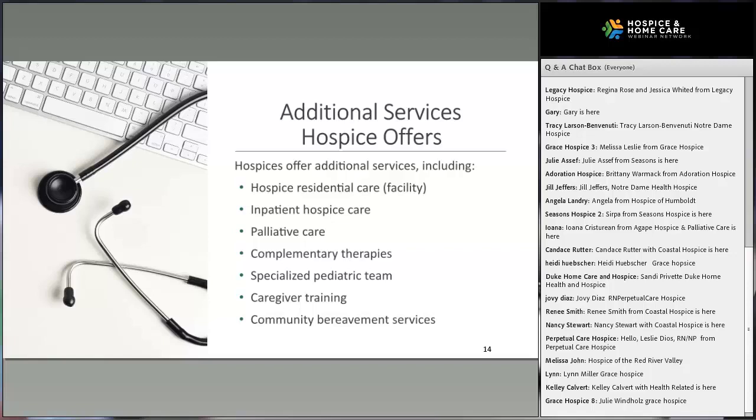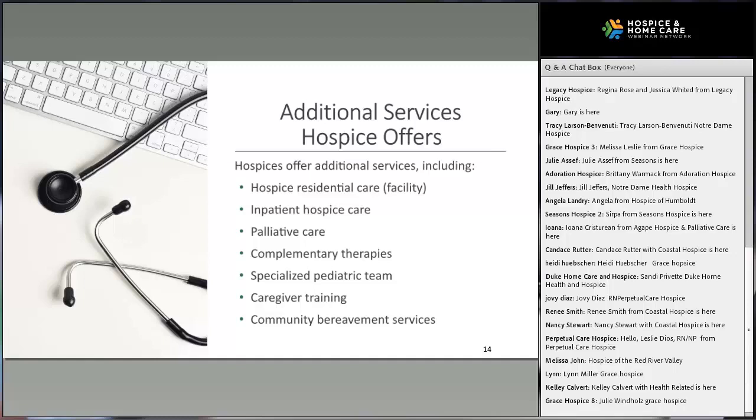They were asking about hospice for somebody else. Hospice also can provide caregiver training and community bereavement services. And I want to hover on community bereavement services for a bit, because it's becoming more, I don't want to use the word popular, but more available in the communities, especially now as we have this COVID situation going on.